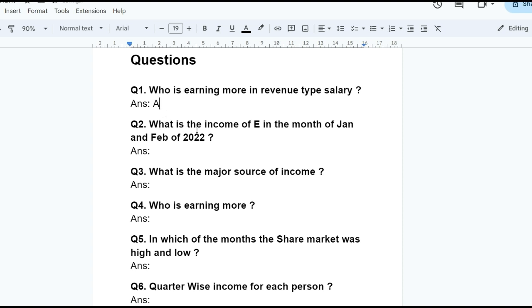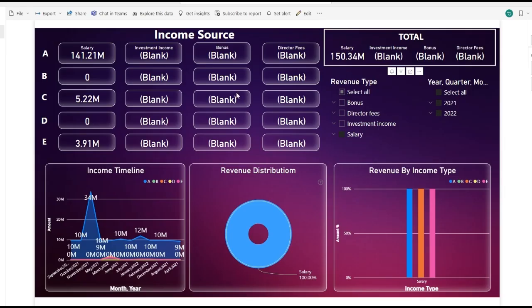Next question: what is the income of E in the months of Jan and Feb of 2022? Now we can use the selector column of the year.